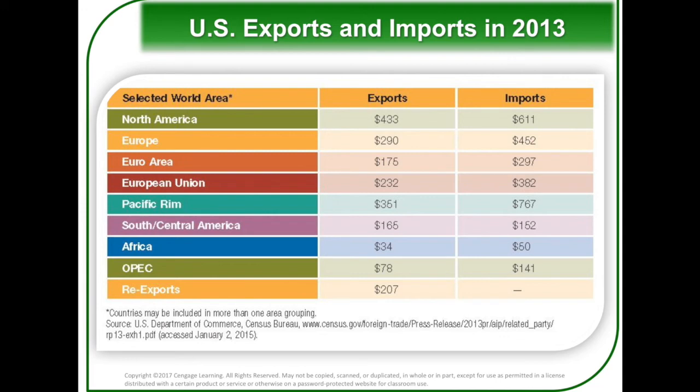Okay, we got a panel here that shows all the exports and imports from the U.S. in 2013. Unfortunately, it shows our unbalanced trade situation. North America in total exported $433 billion, but imported $611 billion.